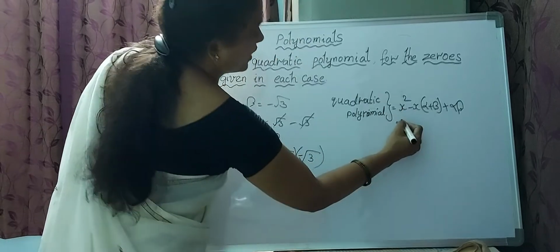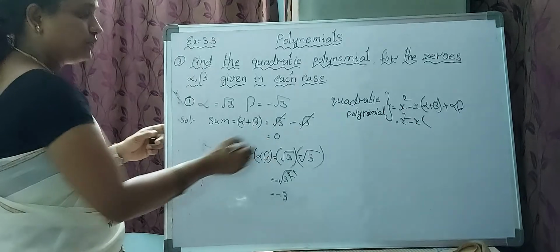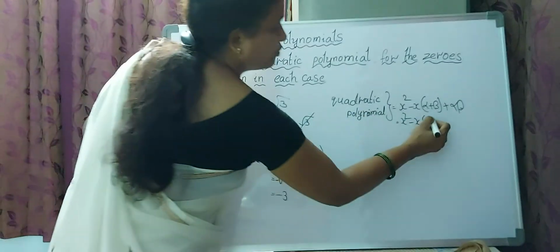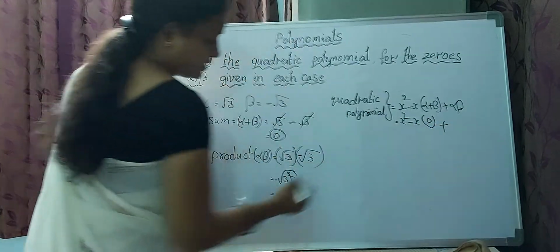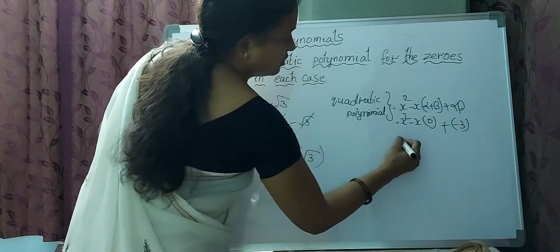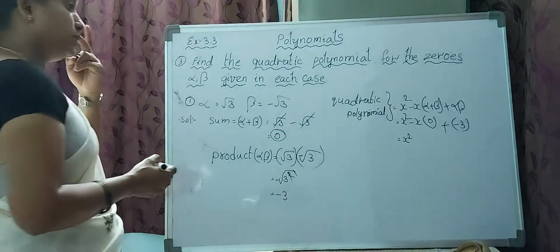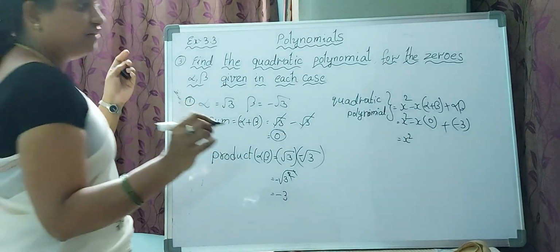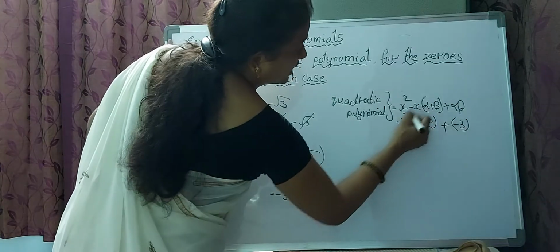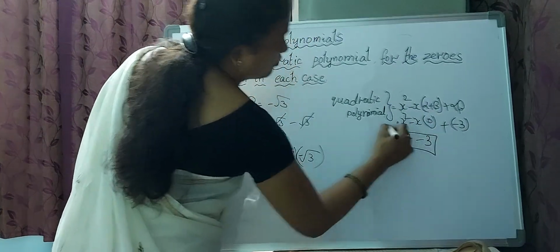So x square, minus x into what is alpha plus beta? 0. So put 0, plus here -3. Alpha beta is -3. So the x term becomes 0, because if you multiply anything with 0, everything will be 0. So don't write that term. This is the required quadratic polynomial, x square minus 3.